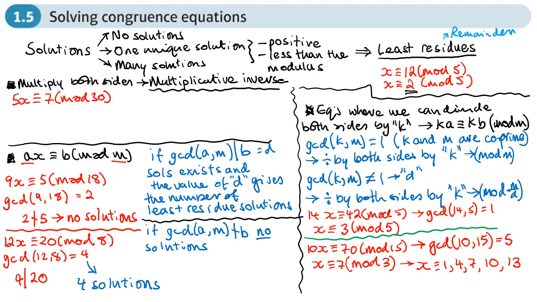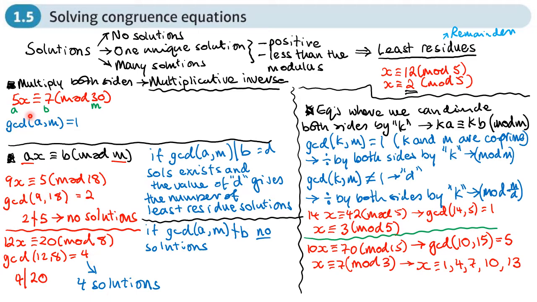If we call the number that's here a and this b and the mod m, just like before, we're going to start by finding the greatest common divisor of a and m. And if that's equal to 1, and only if it's equal to 1, we can find the multiplicative inverse.